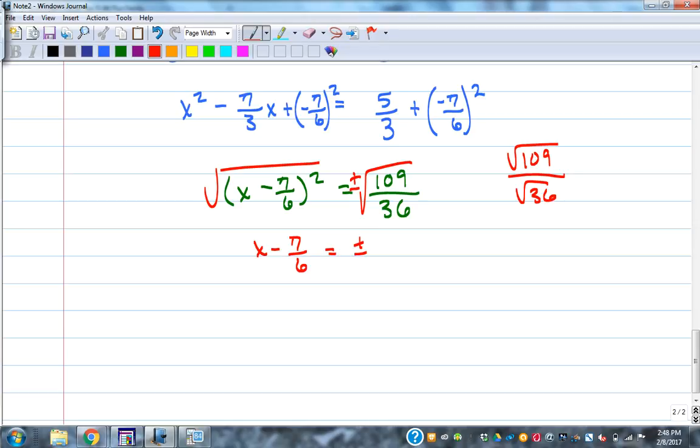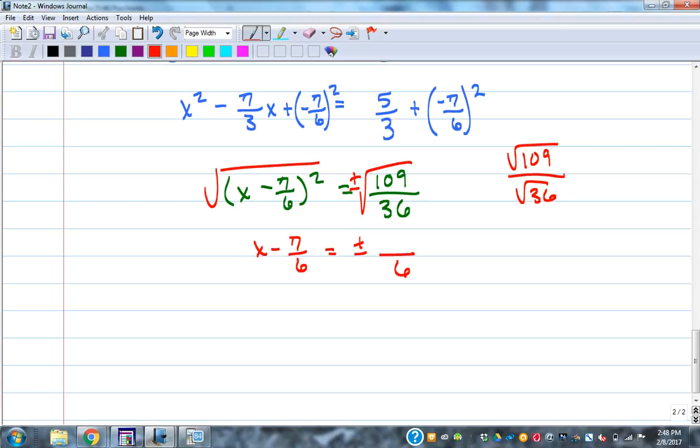The good thing about this one is look at the denominator. It's 36. What's the square root of 36? 6. So I don't have to worry about rationalizing on this one because the denominator worked out. But 109, does it break down? 9 plus 0 plus 1 is 10, not divisible by 3, not divisible by 9, or 6, or 2, or 4. 5 doesn't go in because it ends in a 9, not a 0.